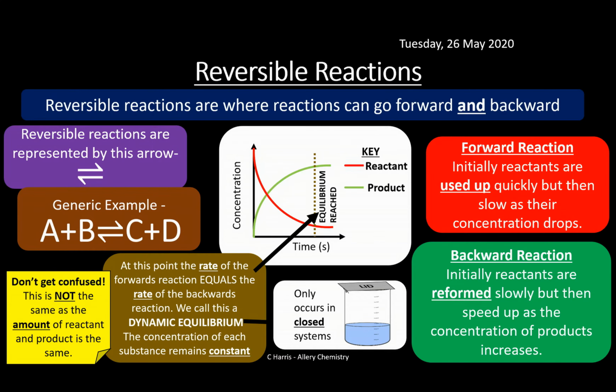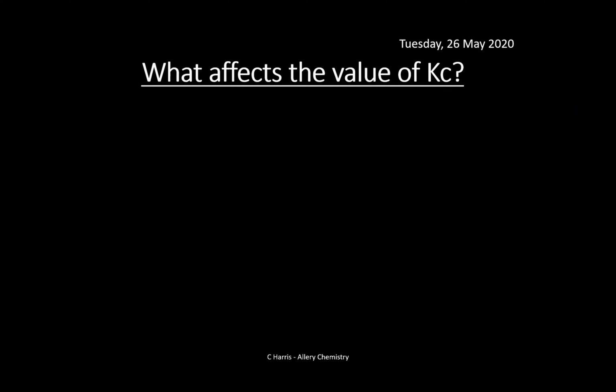Right, remember we saw in year one chemistry, when we looked at Kc, that Kc is the equilibrium constant. What we're going to build on in the chemical industries topic is looking at the factors that affect the value of Kc.